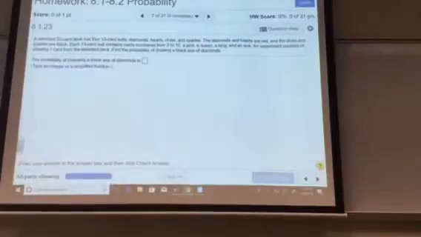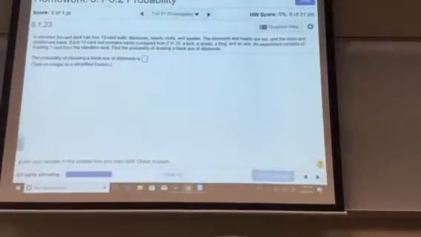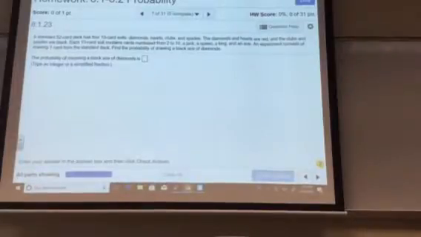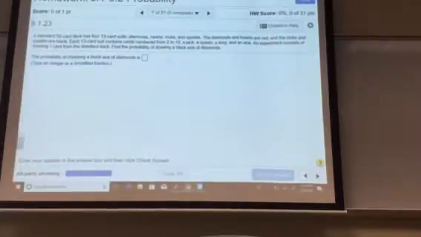A standard 52 card deck has 4 13-card suits: hearts, diamonds, clubs, spades. They're actually telling you what was in that pull down this time. Diamonds and hearts are red, clubs and spades are black, 13 cards numbered 2 through 10, jack, queen, king, and ace. An experiment consists of drawing 1 card from a standard deck of cards.